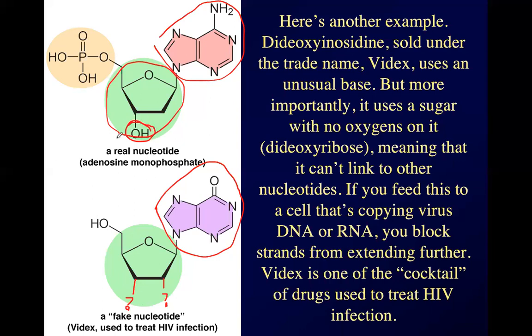If you don't have that oxygen atom right there, you can't link this to the next nucleotide, any more than a train car without a hitch can be linked to the next car, or a pickup without a ball hitch can be linked up to a trailer. So if you dose a cell that's copying virus DNA or RNA with Videx, you block strands from extending further.